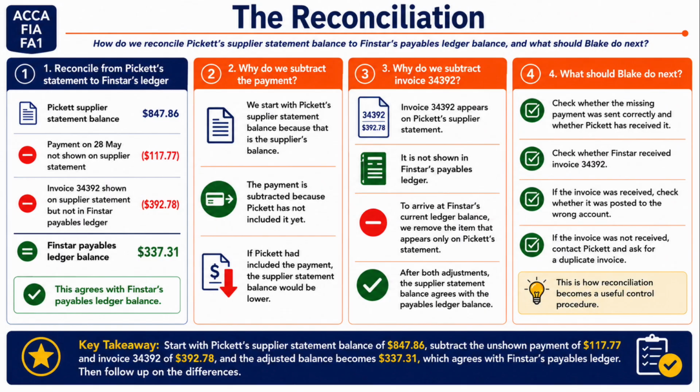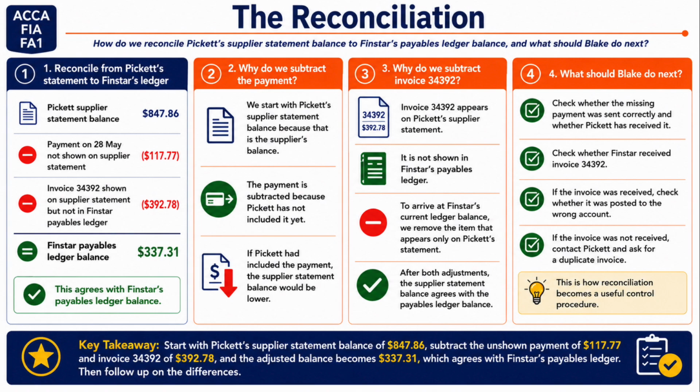Then we subtract invoice number 34392, which is shown on the supplier statement but not shown in Finstar's payables ledger, minus $392.78. Now the balance becomes $337.31. This agrees with Finstar's payables ledger balance, so the reconciliation proves that the difference has been explained.